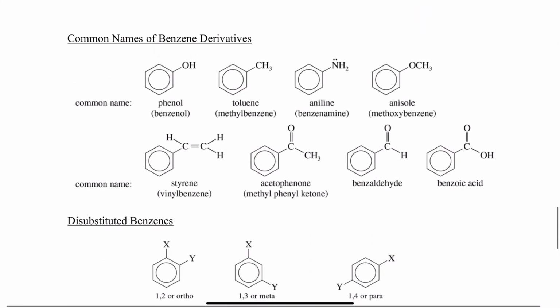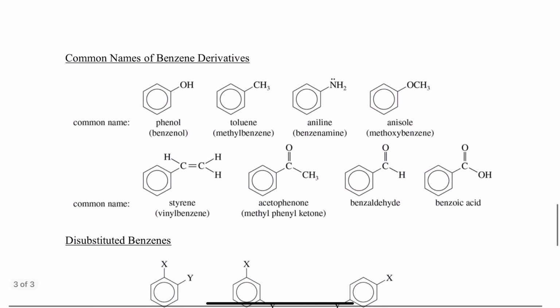But going back to the common names of benzene derivatives, this is really just something that you're going to need to memorize. Whenever we have an alcohol as a substituent coming off of our benzene ring, we call this phenol. Whenever we have just a methyl group coming off of benzene, this is toluene.